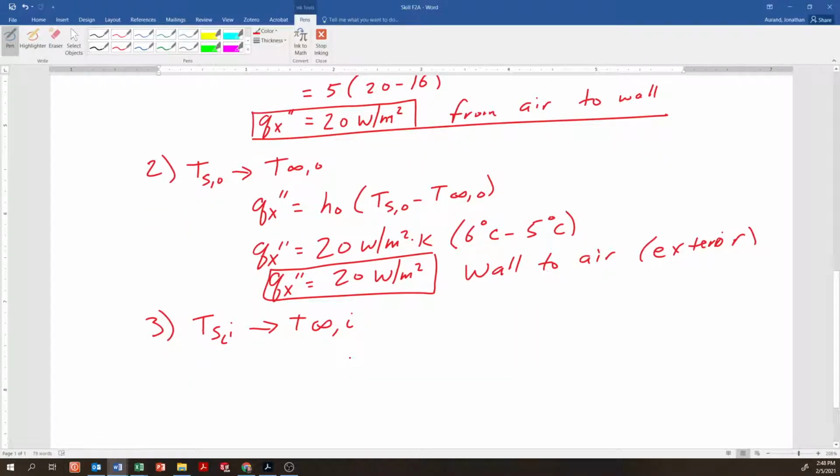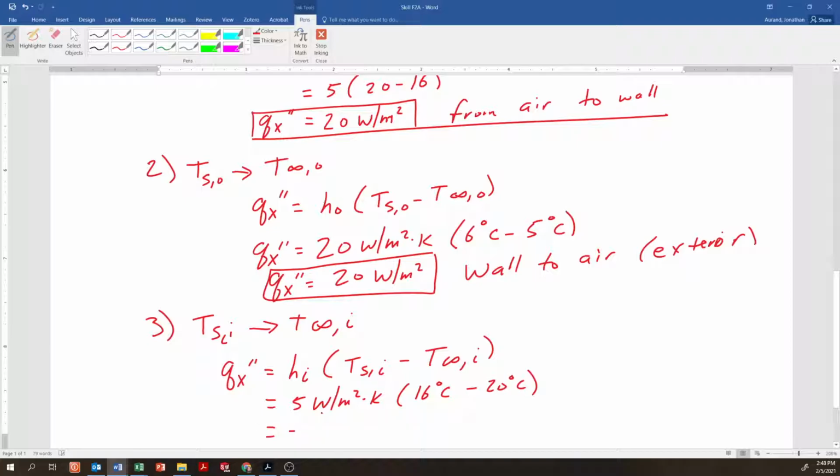So we're going to have Qx double prime is HI times TS I minus T infinity I, which works out to be 5 watts per meter squared Kelvin, times 16 degrees C minus 20 degrees C, equals negative 20 watts per meter squared, from the wall to the interior air.